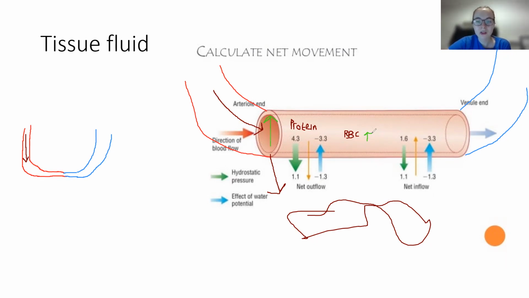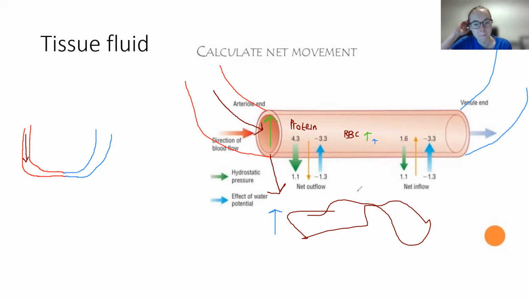Now, we've also forced out all the water into the surrounding tissue fluid. So the water potential of this tissue fluid on the outside is going to be high. And the water potential of whatever is remaining in the capillary is going to be really low, because we've forced everything out, but we've also kept protein within our capillary, and that lowers our water potential.